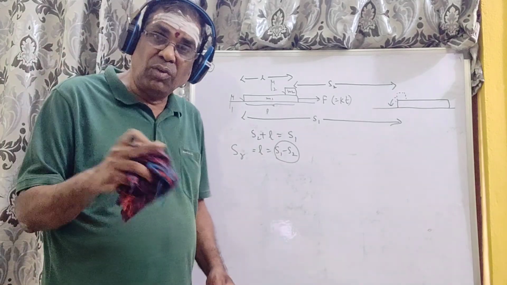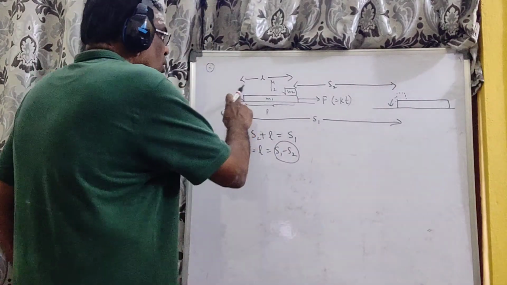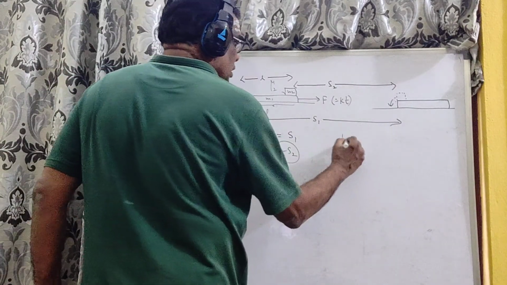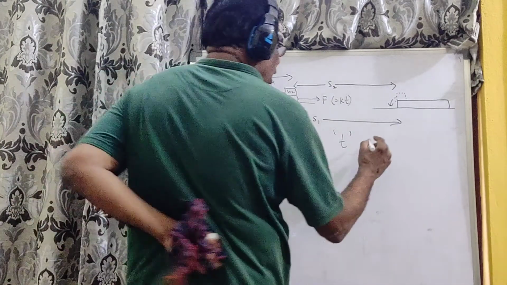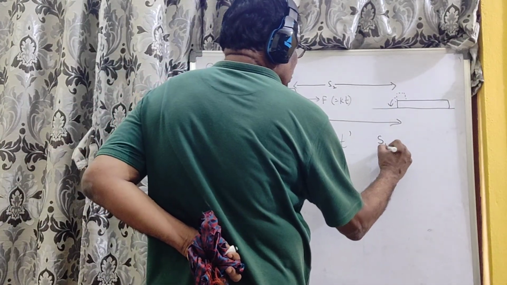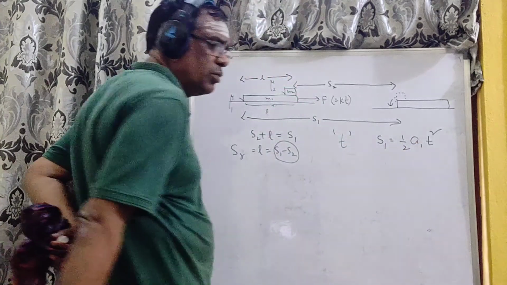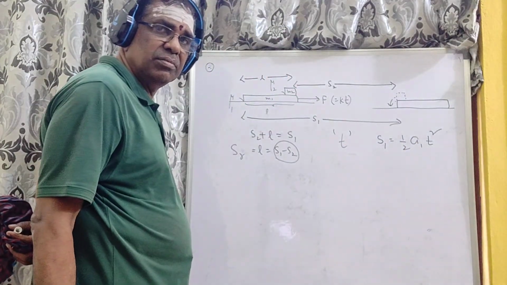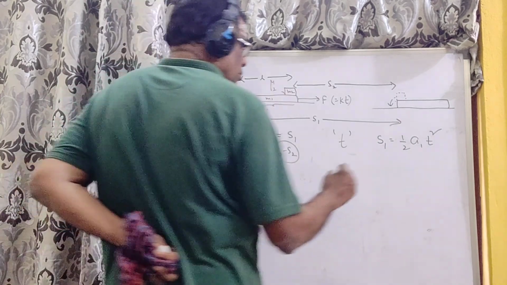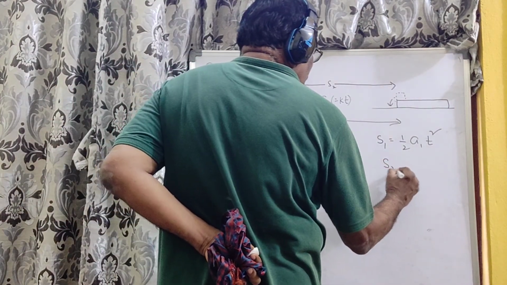So they may ask, let us say the whole time taken for this is t. They may ask, what is S1? Half A1 t square, whatever is A1. What is S2?